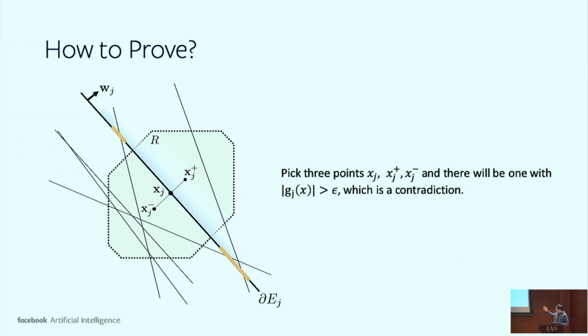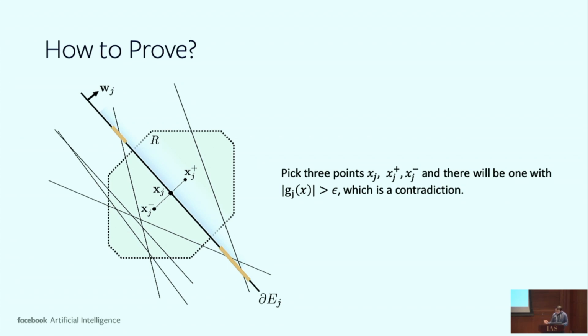These 3 points will be just close to the boundary of node j. And you can basically show that there will be a contradiction in terms of the magnitude of their gradient. Is that clear?